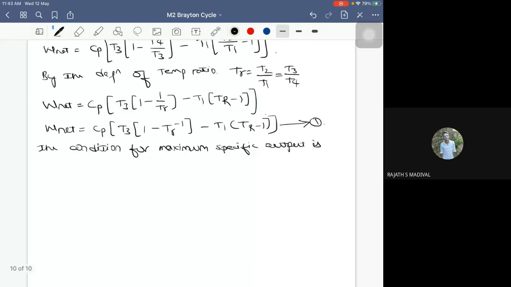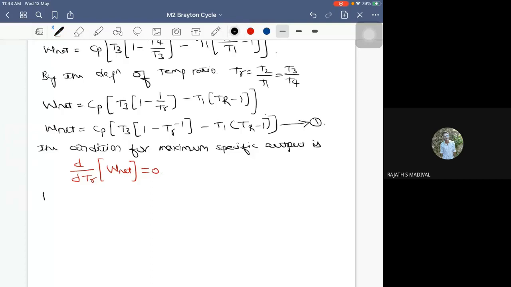What is that condition? That condition is d by dTR of W net should be equal to 0. Now I will be using this particular condition to get the maximum output.